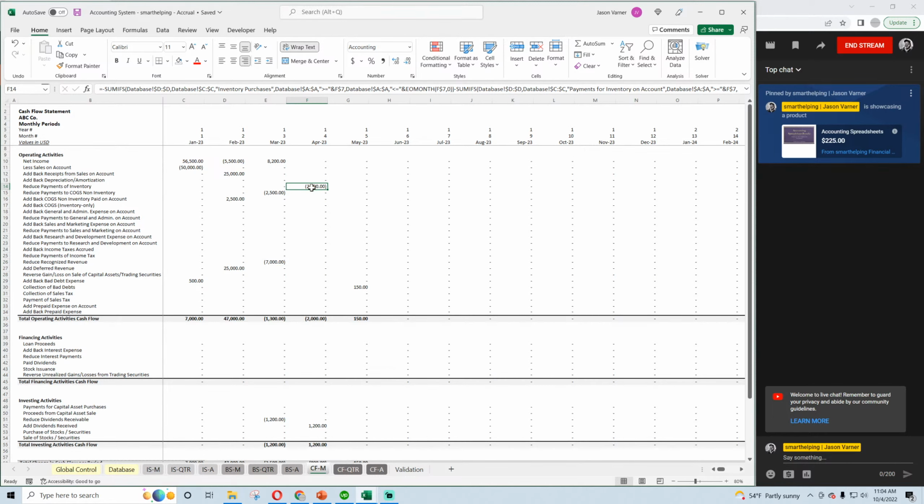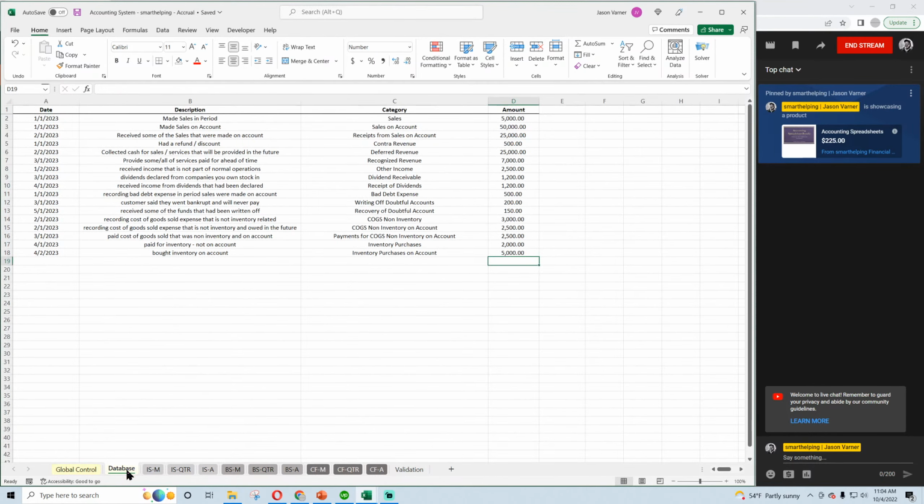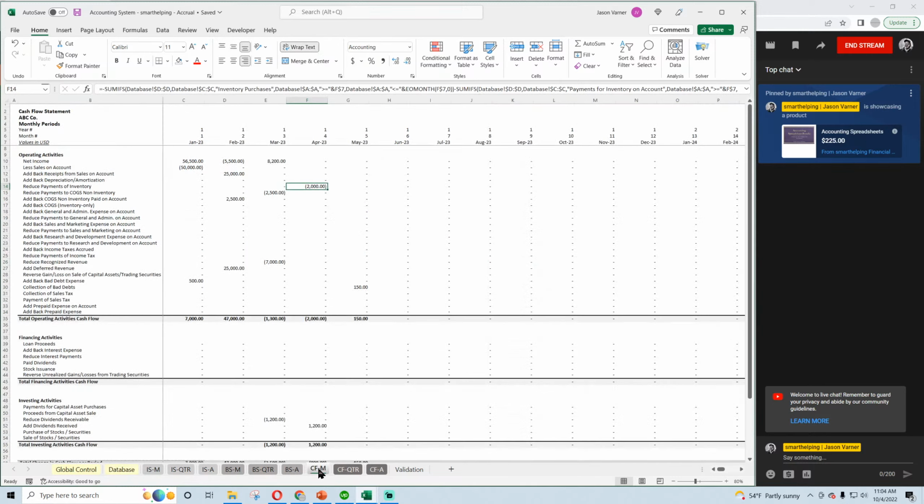Where is it? 5,000 in April. Oh, on account, it's not a cash item. So purchase on account, it actually doesn't get hit in income or doesn't have to be reversed out because it's not in net income.